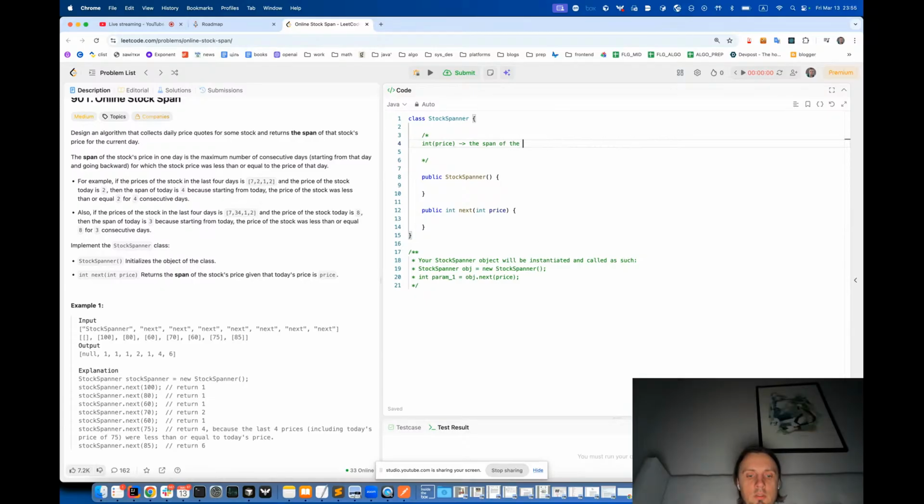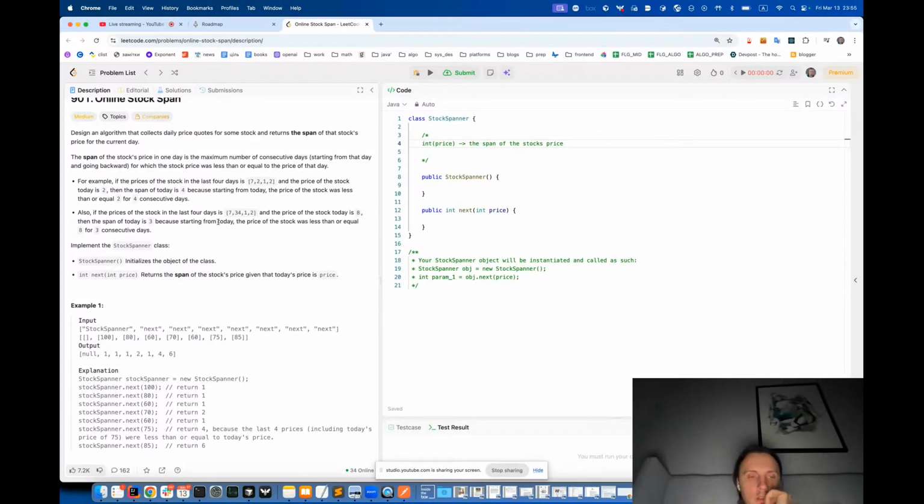So what does the span mean? The span of stock price in one day is the maximum number of consecutive days starting from the day and going backwards, for which the stock price was less than or equal to the price of the day.